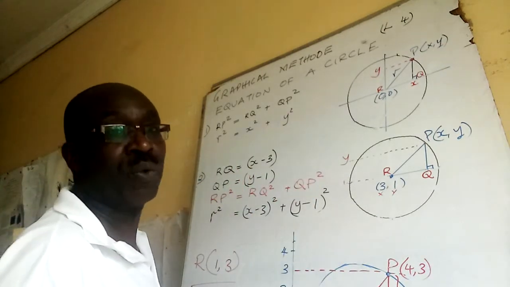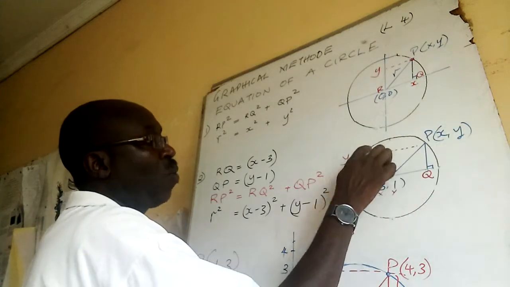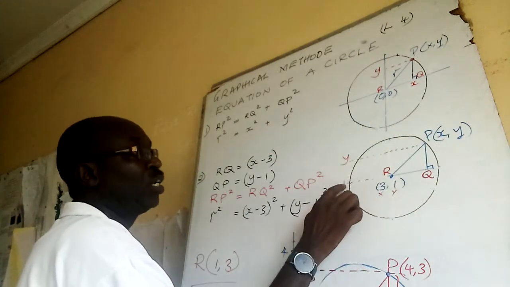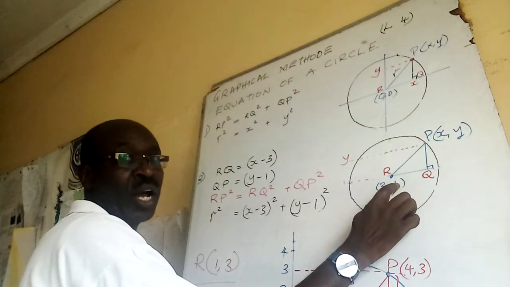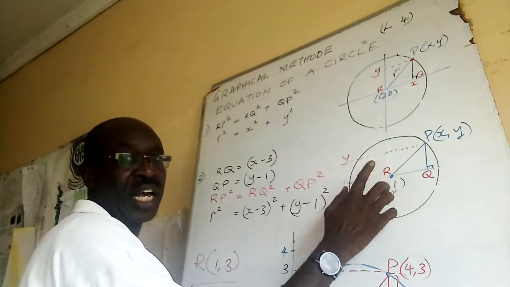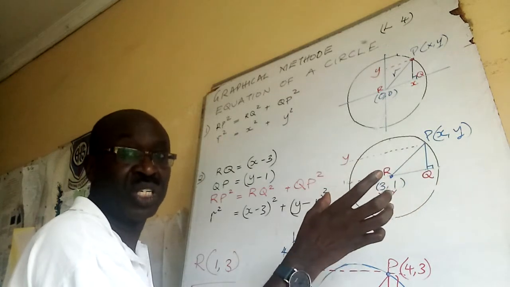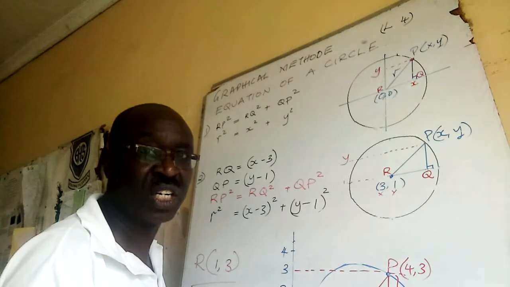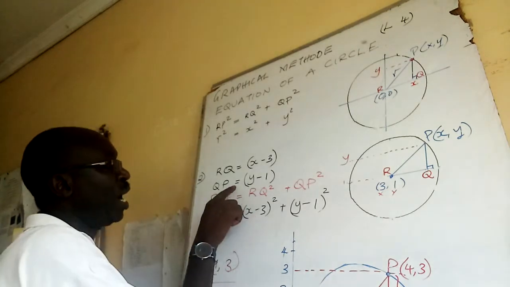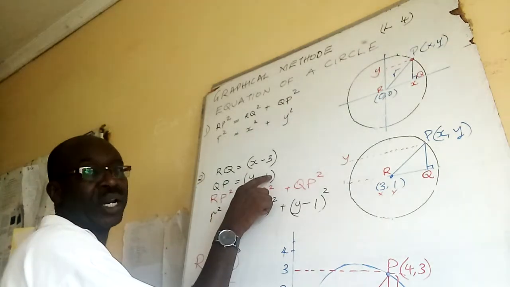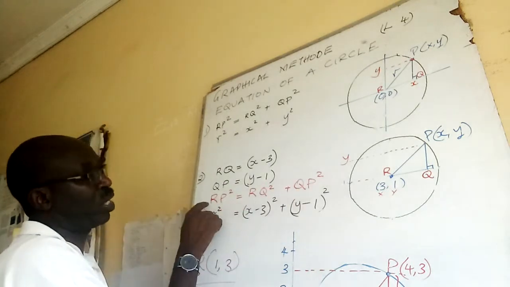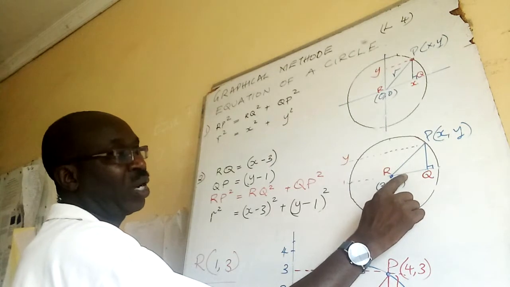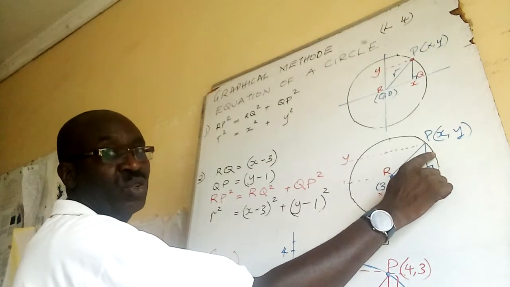Okay? So if I get y, and this, it is level 1 from this point, so it is y minus 1. Here it is x minus 3. Those are the ones which give you the lengths of that right-angled triangle. So we have QP is y minus 1. Using Pythagoras, RP squared is equal to RQ squared plus QP squared.